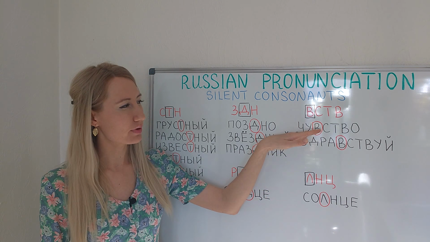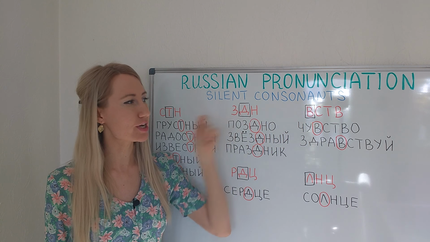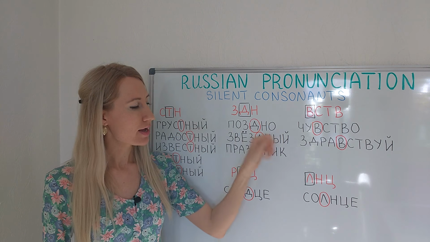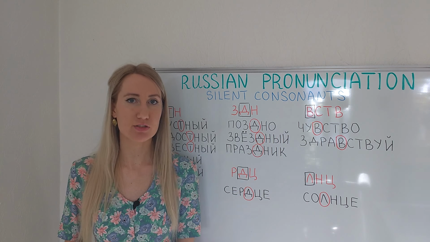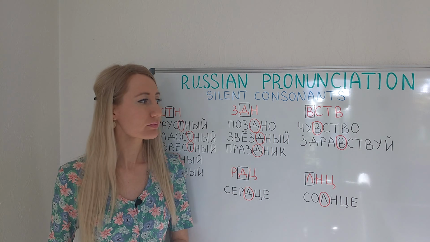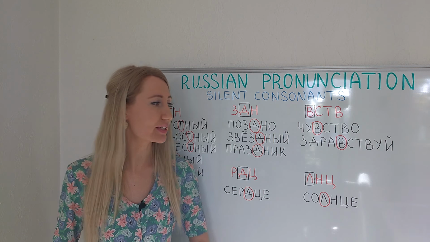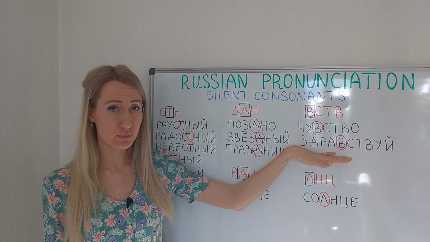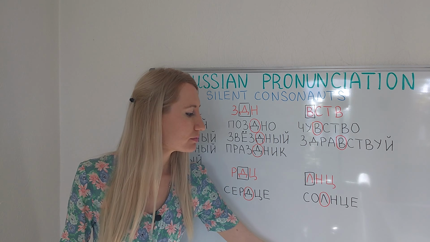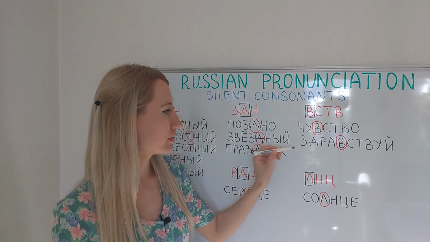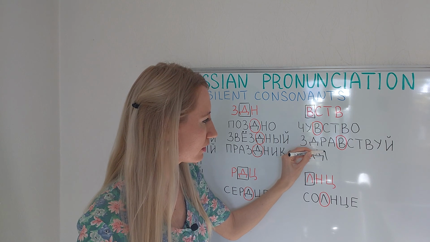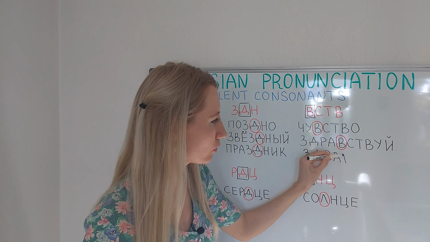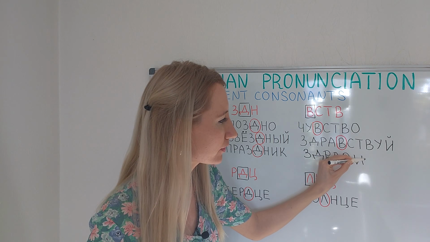And I can't come up with a word to check this root, but for the word здравствуй or здравствуйте, hello, we can really check it, because the word здравствуй actually comes from the word здравие, which means health.